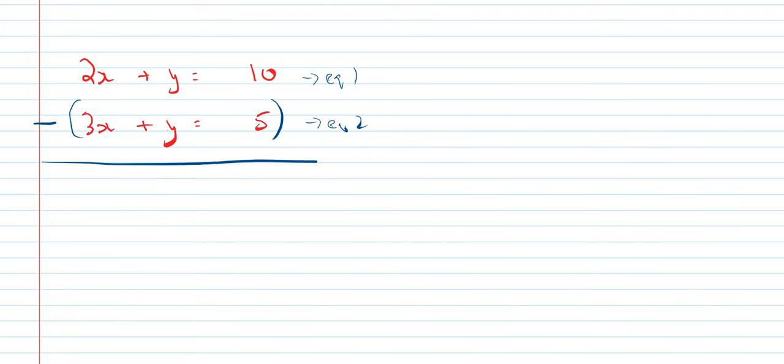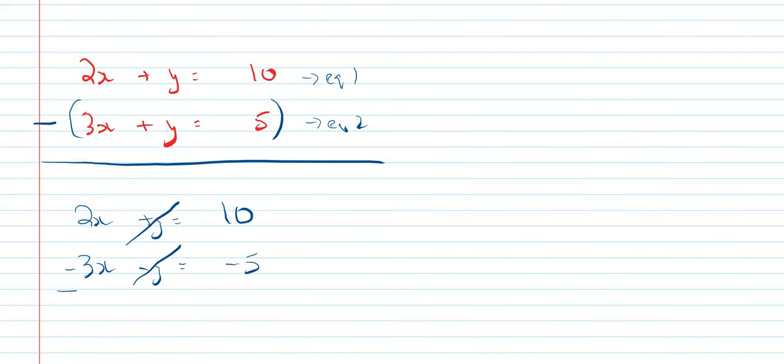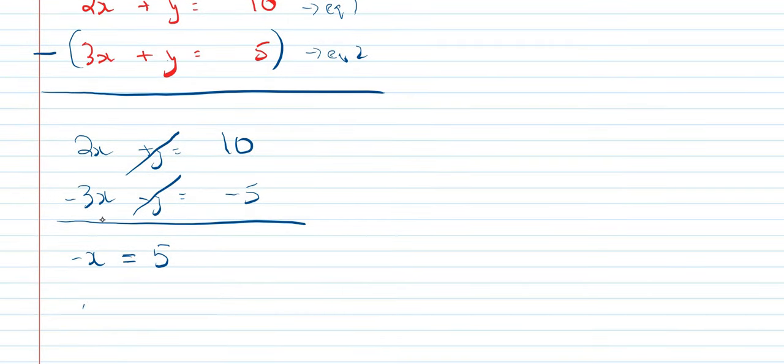So now this will become 2x plus y is equal to 10 and minus 3x minus y is equal to minus 5. If you look at the question, now you can eliminate plus y and minus y. 2x minus 3x is negative x is equal to 10 minus 5, which is just 5. We cannot write a negative sign with x, so it will become x is equal to negative 5.